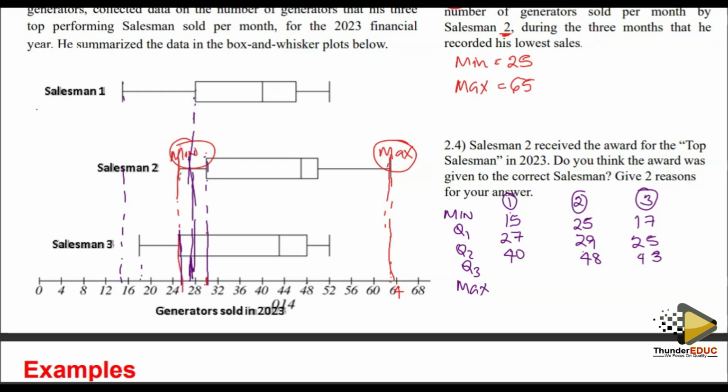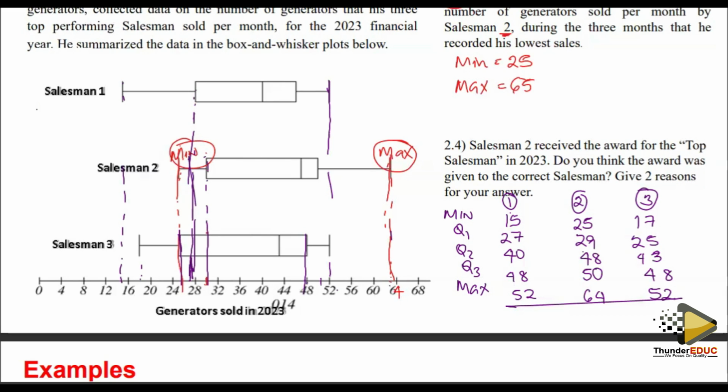Then Q3, we are standing at 48, at 50, and at 48. Max, what was the highest number sold? Salesman 1 sold 52. Look at that, 52. Salesman 3 sold 52.